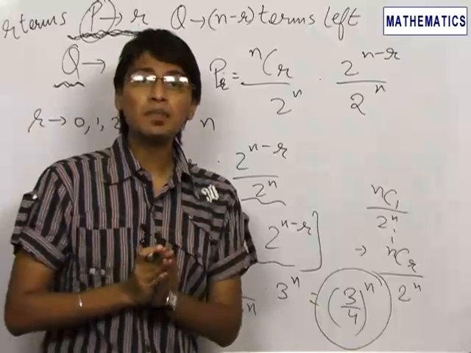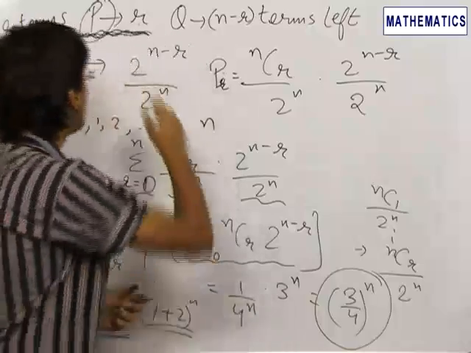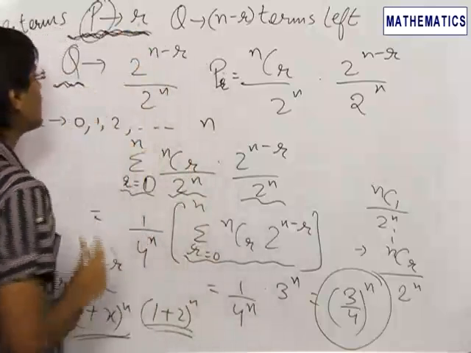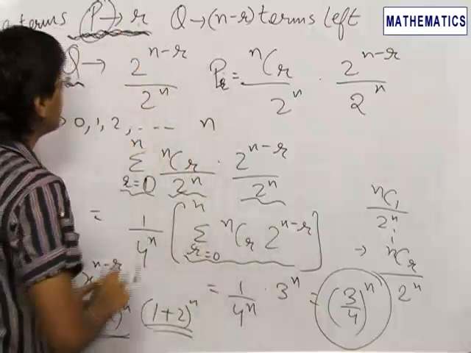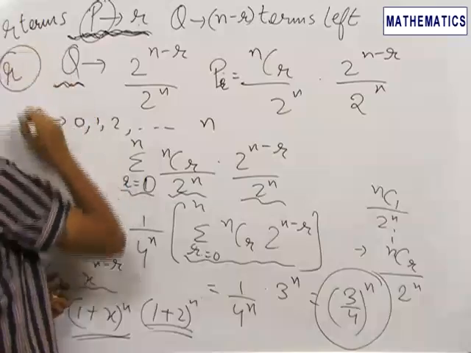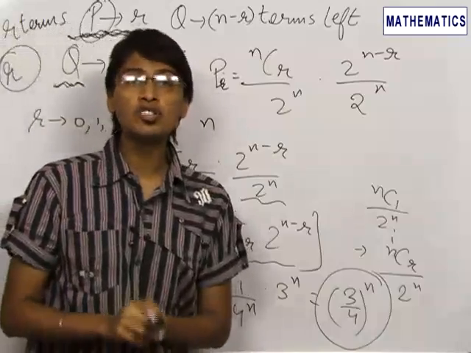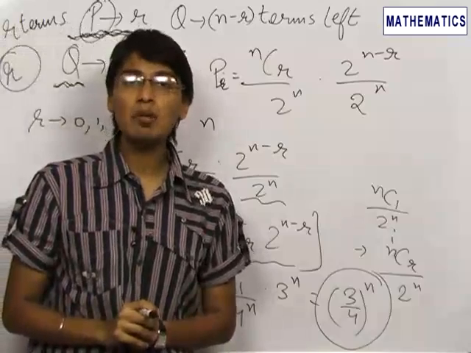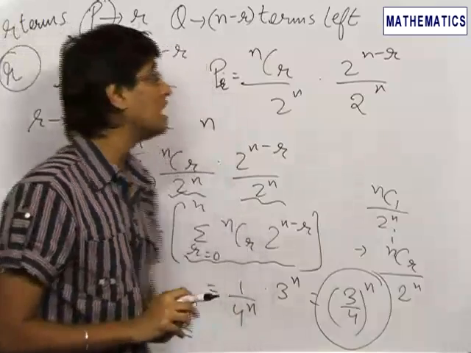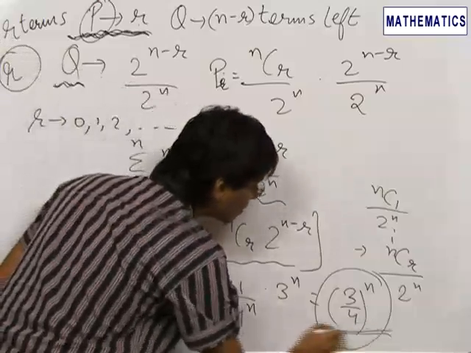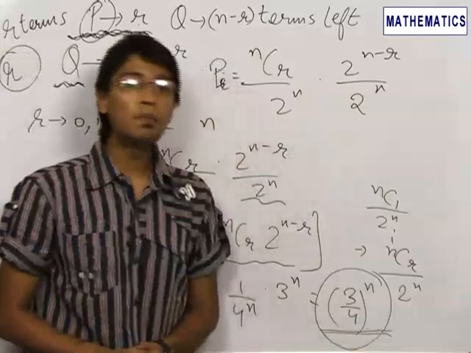Then we multiply the probabilities of selecting P and selecting Q, taking r as a general term, and then doing the summation from r equal to 0 till n, which is the maximum limit since n is the number of elements present in set A, and hence we have got the final answer as 3/4 whole power n.